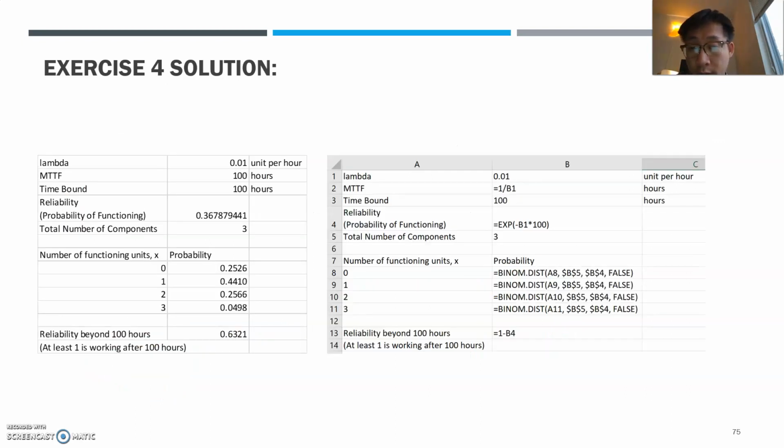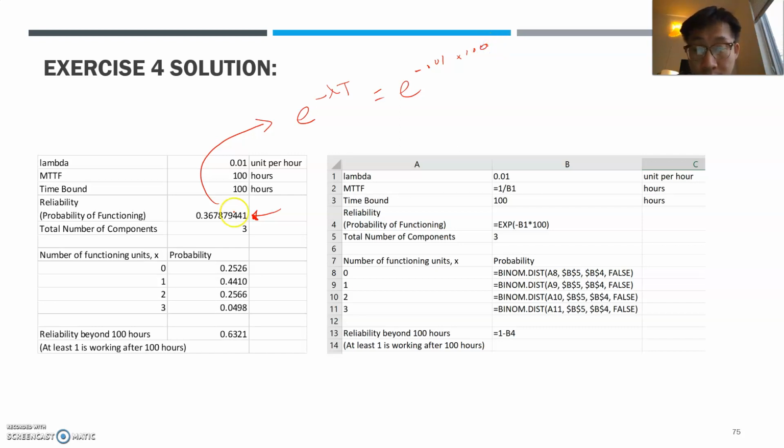So everything will be fixed then. So we'd like to consider the first 100 hours. I think that's what it is. And the reliability of an individual component is this. This can be calculated again. Lambda is 1 multiplied by 100. That's how you get it.